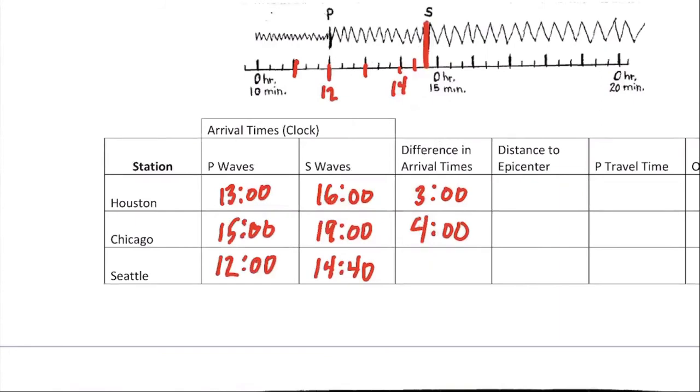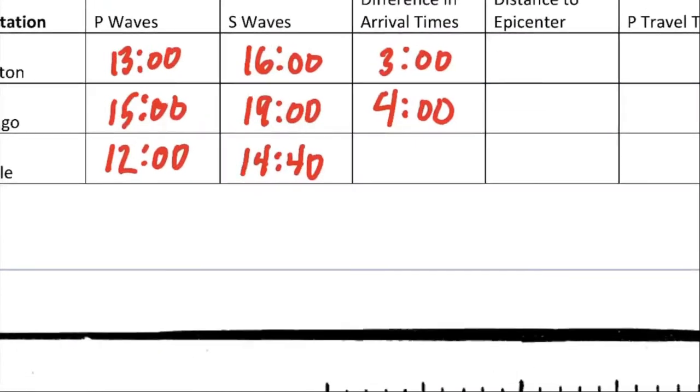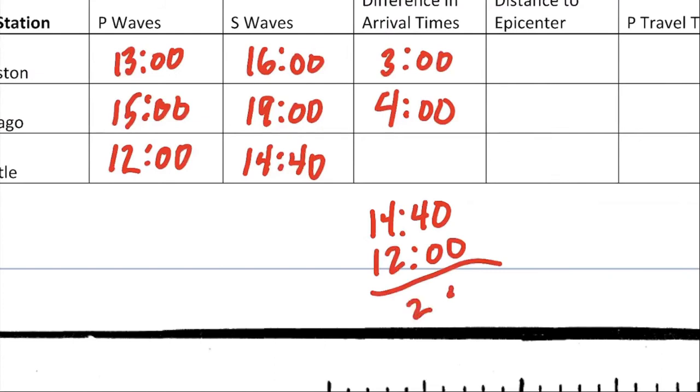And of course, now we've got to do some subtraction in order to figure out the difference. I'm just going to do this out so you can see me. So S wave arrived 14:40, P wave arrives at 12. We'll do the difference. You get 2:40. So no borrowing needed.